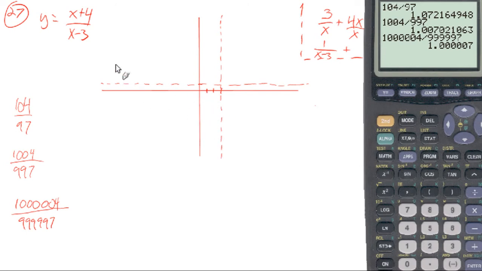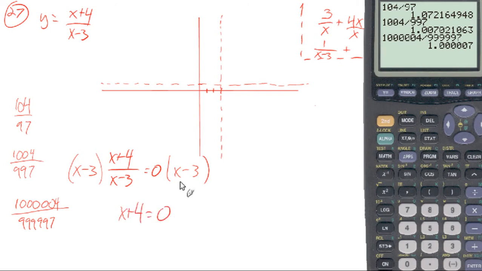A real easy one would be to find the X Intercept. The X Intercept will be wherever this x plus 4 over x minus 3 is equal to 0. Let's multiply both sides by x minus 3. And we get x plus 4 equals 0, because 0 times x minus 3 is 0.